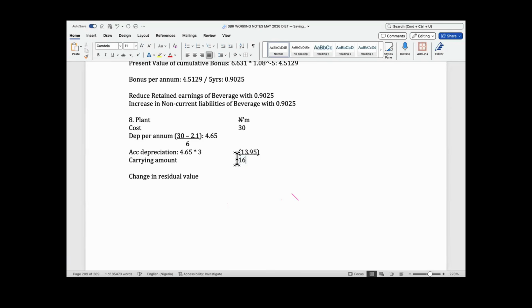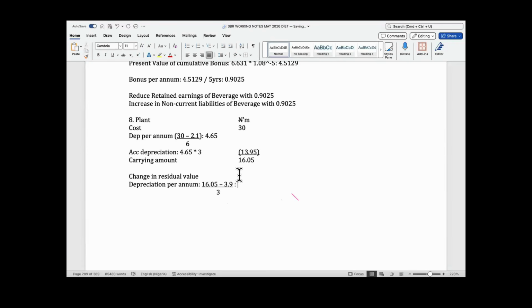Okay, so when there is a change in residual value, my depreciation per annum will simply be the carrying amount as at when they changed, minus the new residual value of 3.9, divided by the remaining useful life, which is 3, because it has used 3 years. So how much is that?